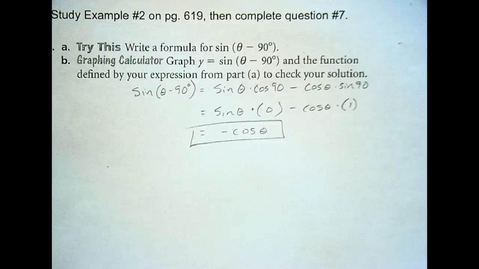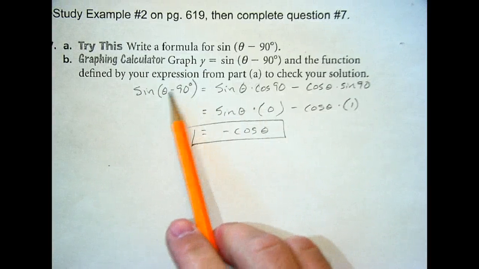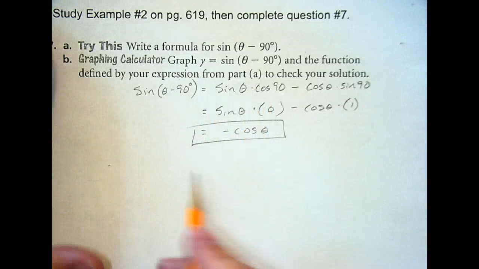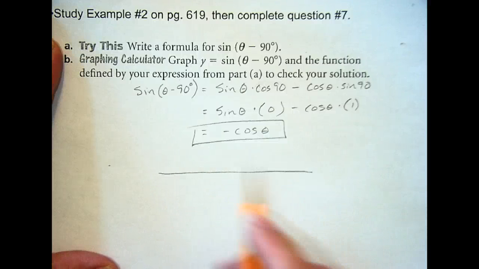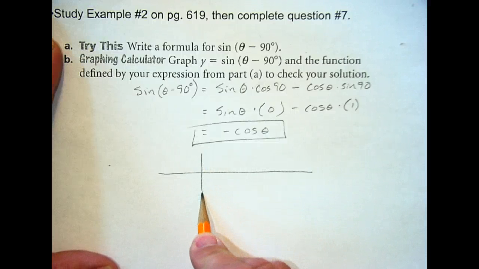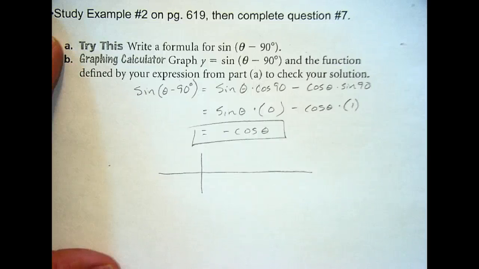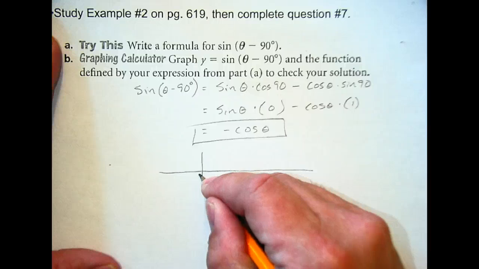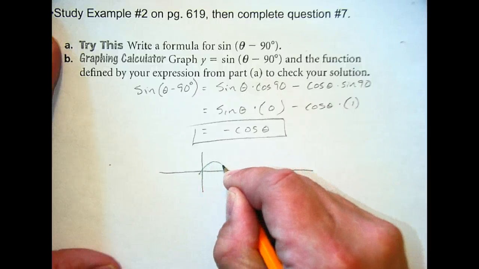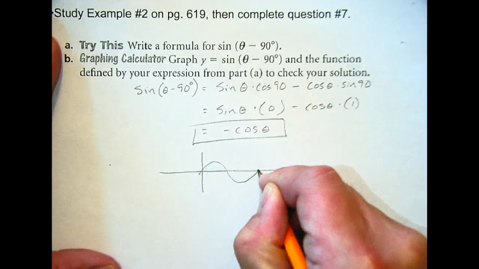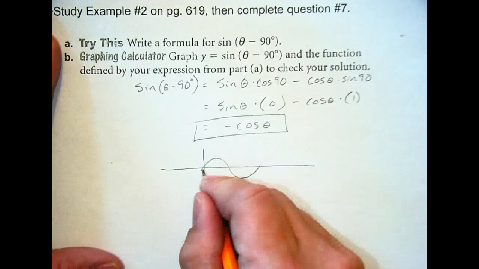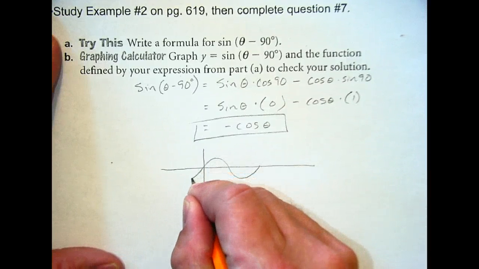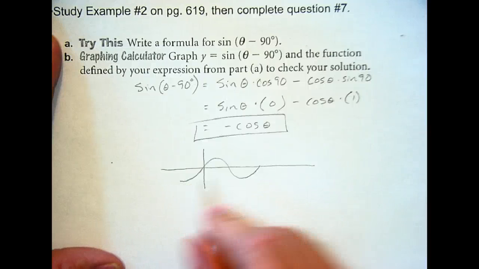Well done. So using the angle difference, your two angles are theta and 90. If you think about a graph of that, let's draw the normal sine curve. You continue it back this way. I'm just going to go 90 degrees.